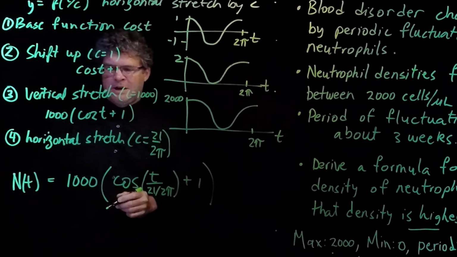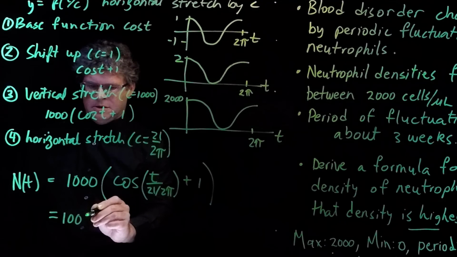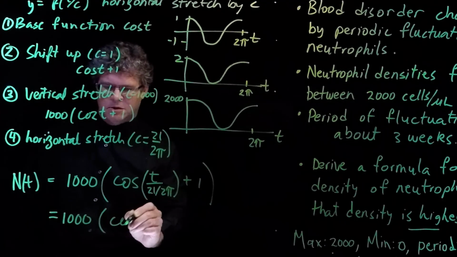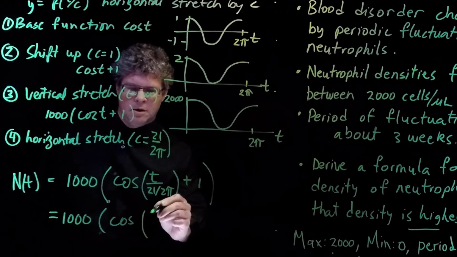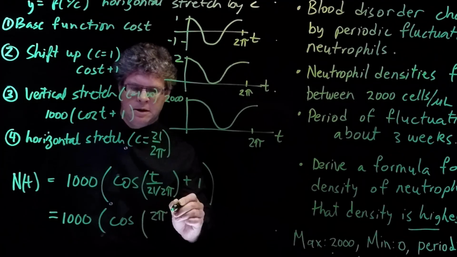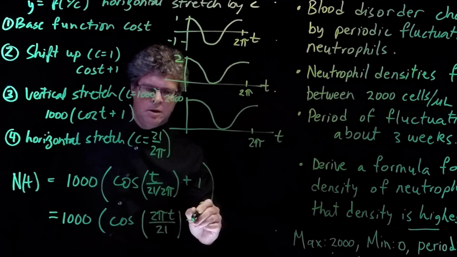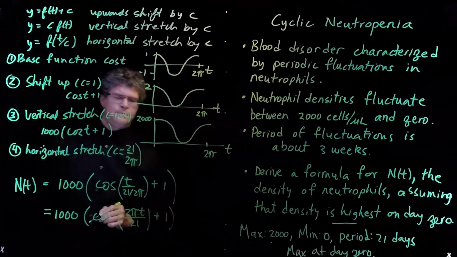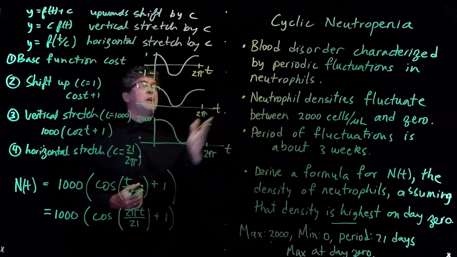And we can simplify that if we want to and write it as 1,000 times the cosine of 2 pi t over 21, plus 1. And so that gives us our function for the cyclic neutropenia.